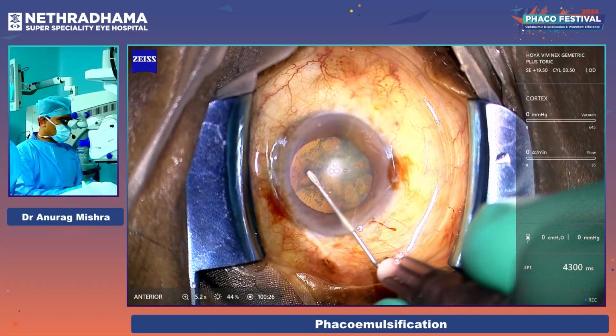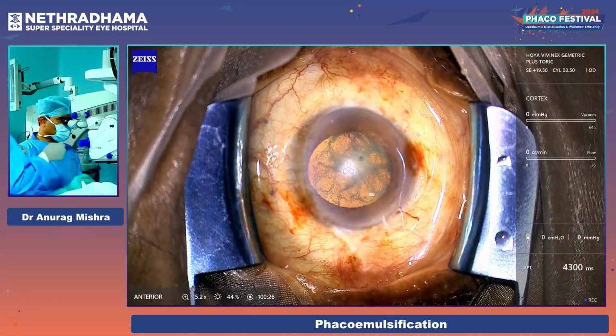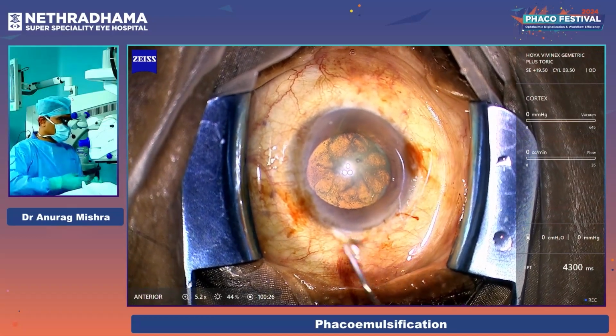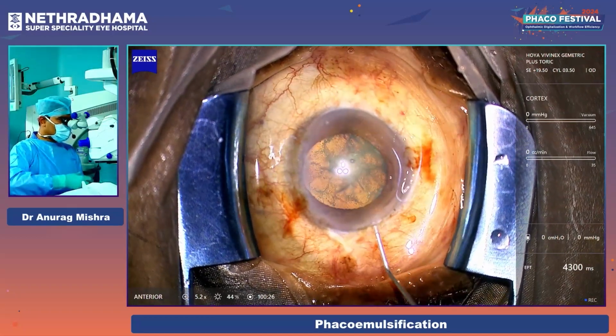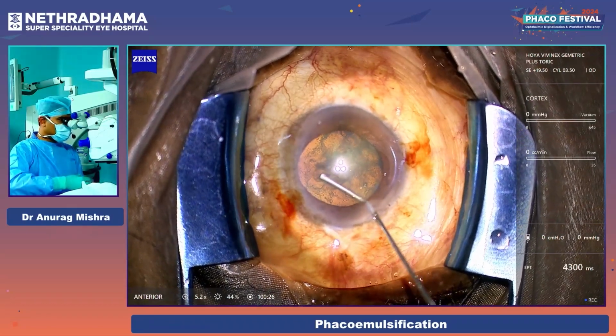The IOL that I'll be implanting is the Geometric Plus. So there are two versions, the Geometric and the Geometric Plus. The add bar remains the same. It's the light distribution that varies, which is a very, very interesting concept to study.